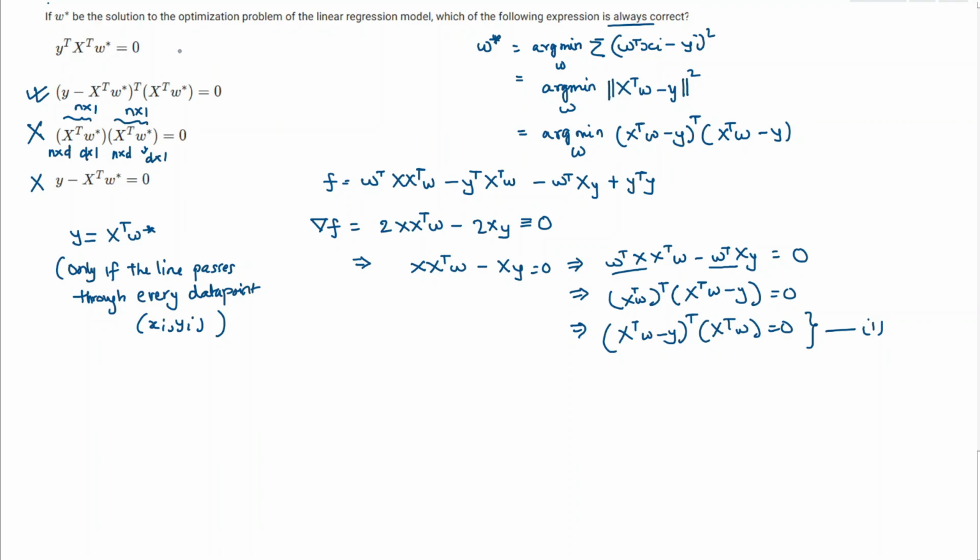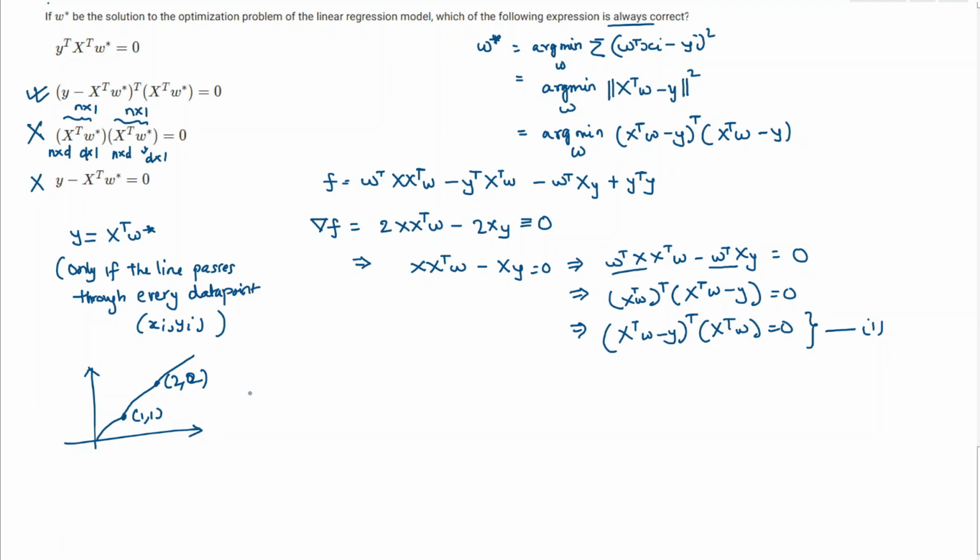Now, what about the first one? The first one says that y transpose of x transpose w star is 0, right? Again, this is also not true always. To see this, let's consider a very simple linear regression problem. You have 1 comma 1 and say 2 comma 2. So the regression line will definitely pass through both these points, and it will also pass through 0.